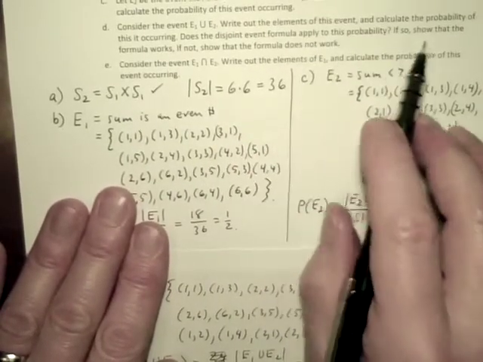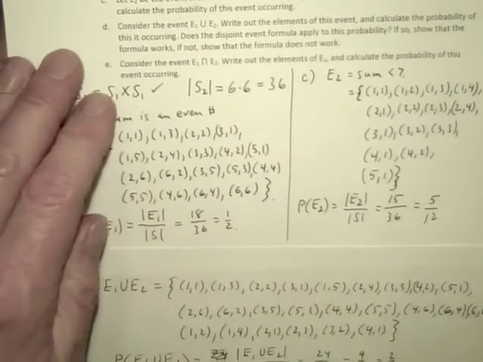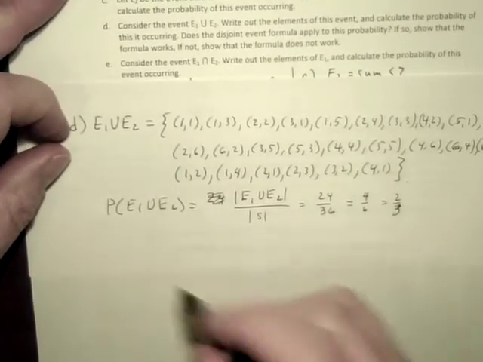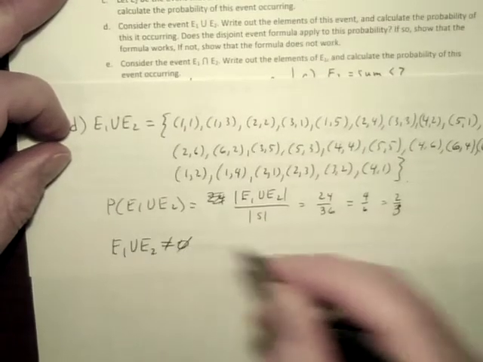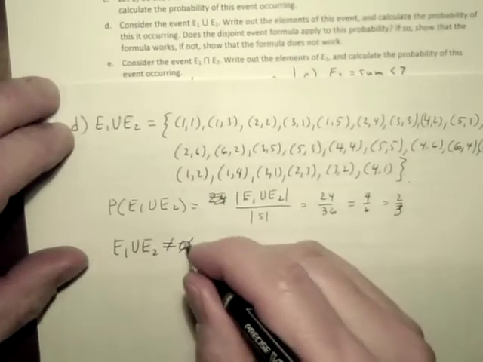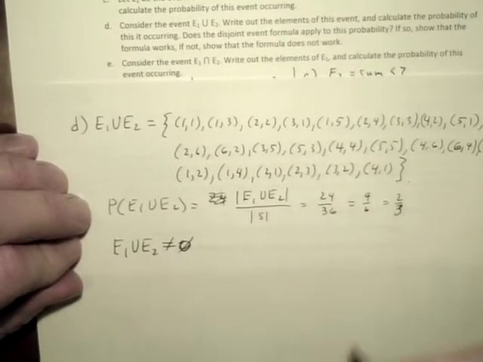Okay. Part D says, does the disjoint event formula apply to this probability? If so, show that the formula works. If not, show that it does not work. Well, it does not apply here because these two sets are not disjoint. E1 intersection E2 is not equal to the empty set. I'm not going to bother to write them all out right now. But it's not equal to the empty set. And so the formula does not apply.